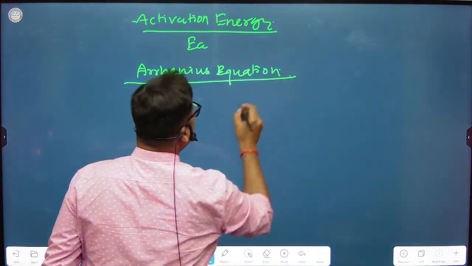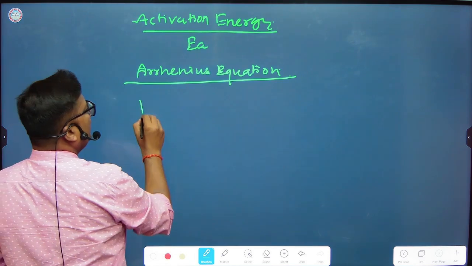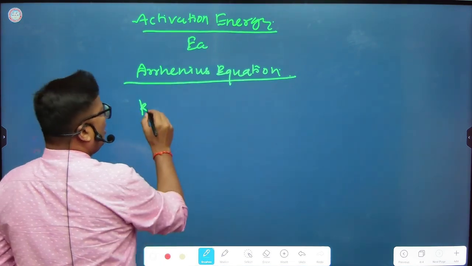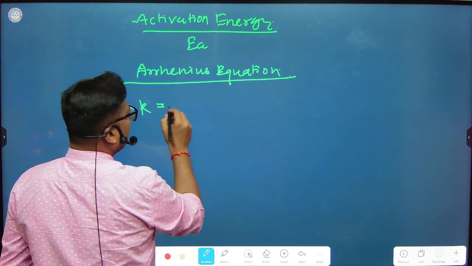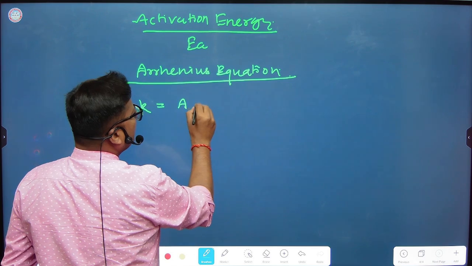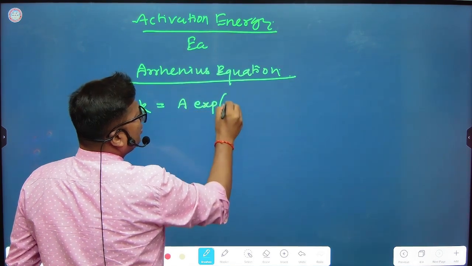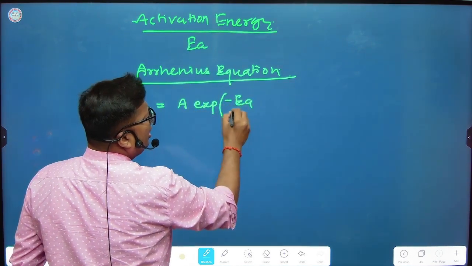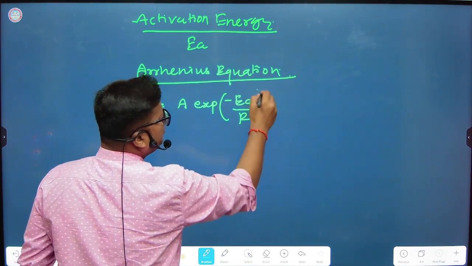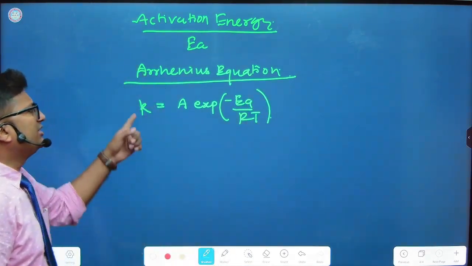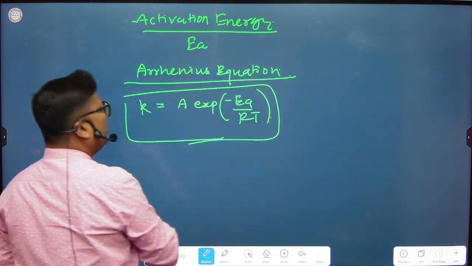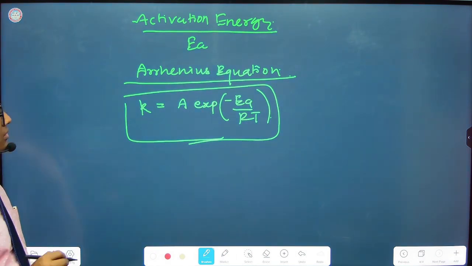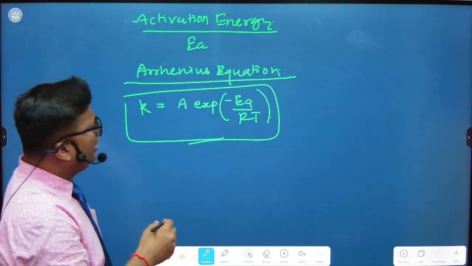The Arrhenius equation is expressed as K equals A exponential minus EA upon RT, right? So this is the most important expression.